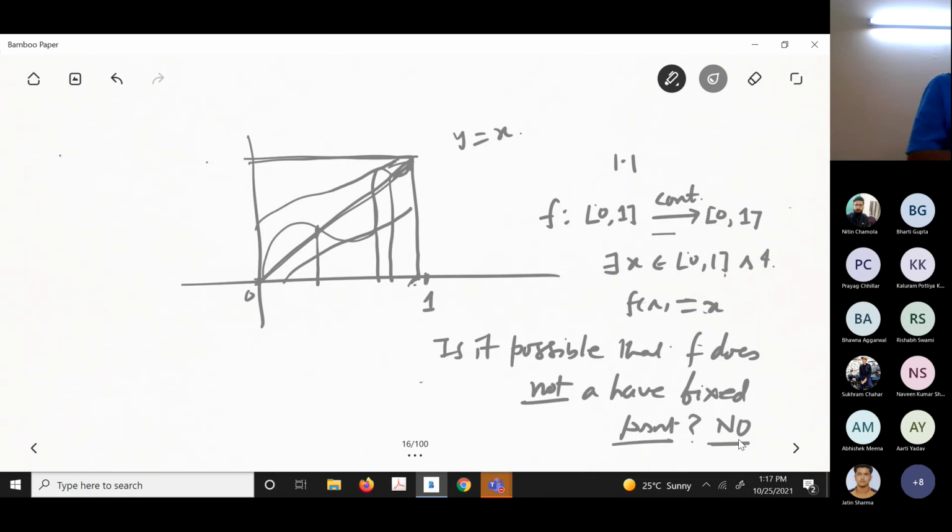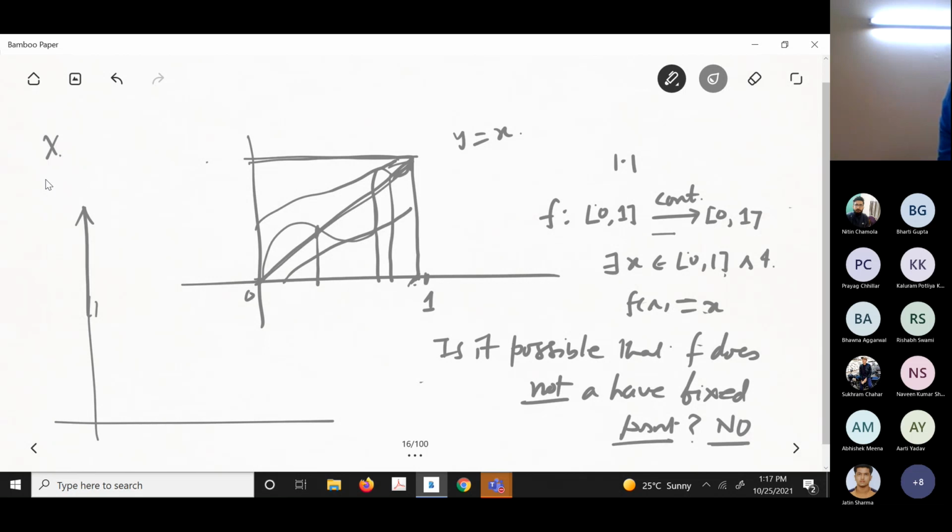Fixed point means, in a metric space, you can also take the graph. This is the x coordinate, and here the same x coordinate, basically the y coordinate, but y equal to x here, this diagonal y equal to x.